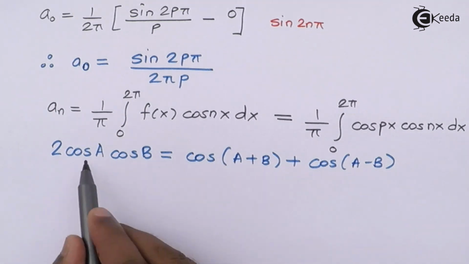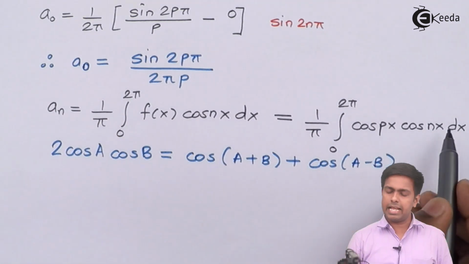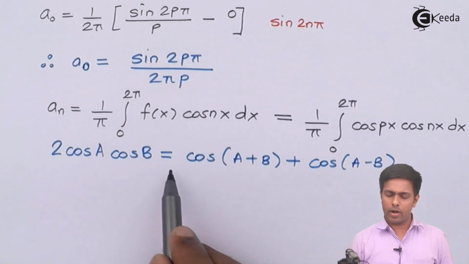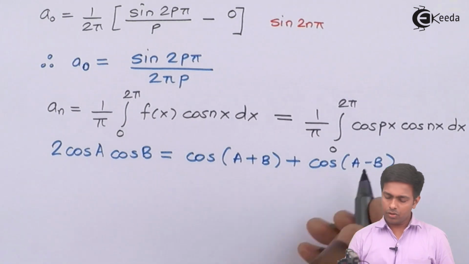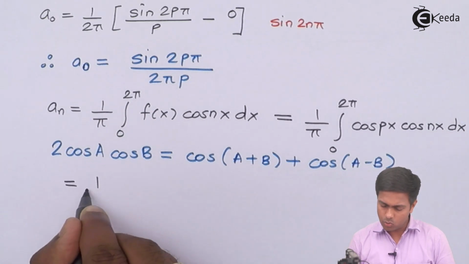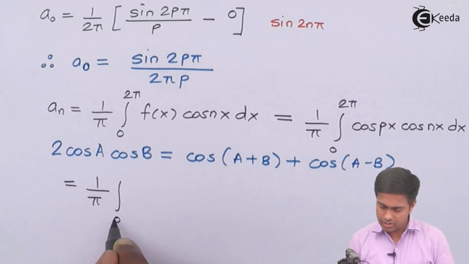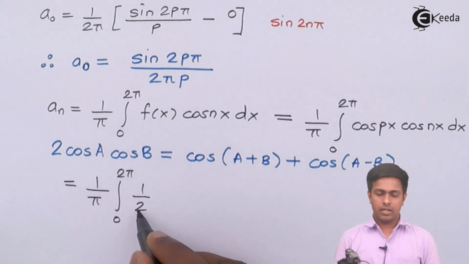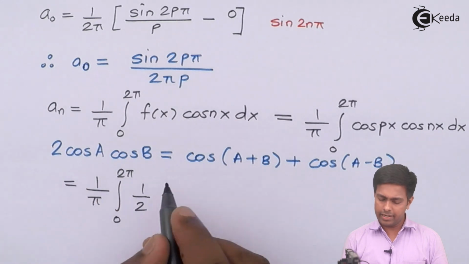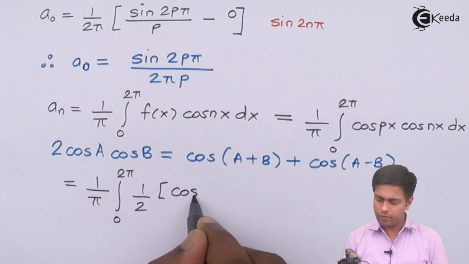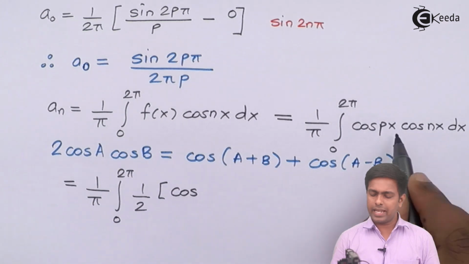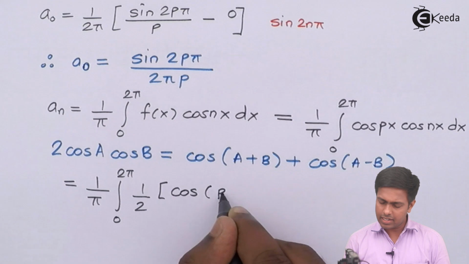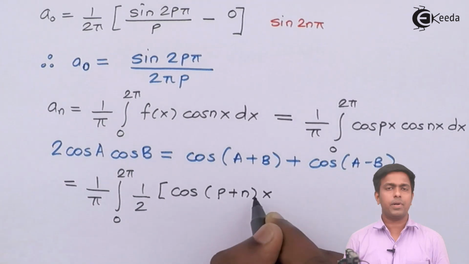Here a is px and b is nx, but 2 is not given, so I'll shift this 2 to the other side as 1 by 2. So here we will get the answer as 1 by pi integration 0 to 2 pi 1 upon 2. This 1 upon 2 has come because of this 2. Then in the bracket cos of a plus b, so px plus nx, if I add it, then I'll take x outside, so that will become p plus n x.